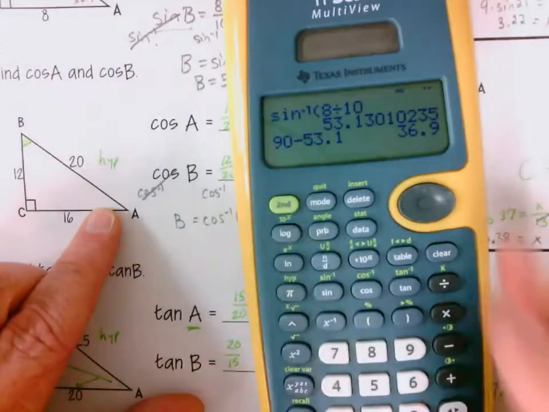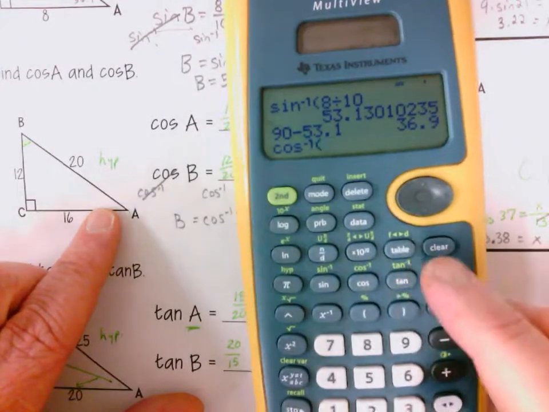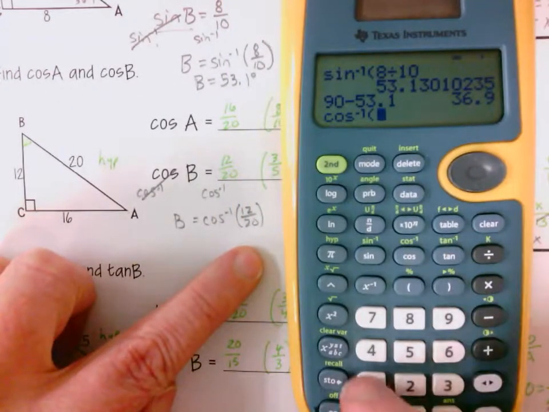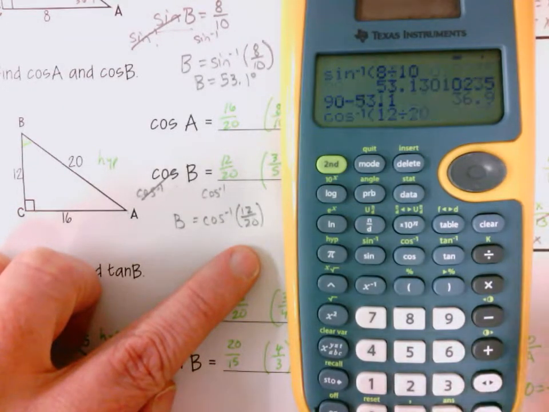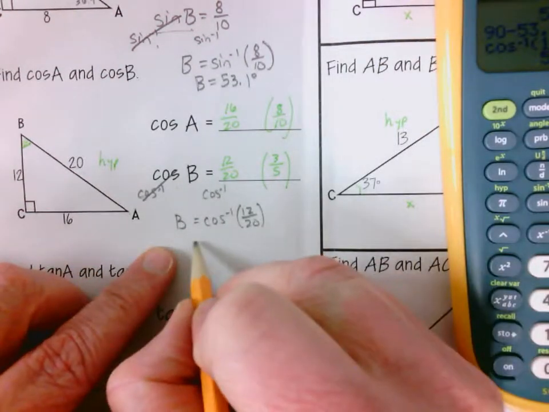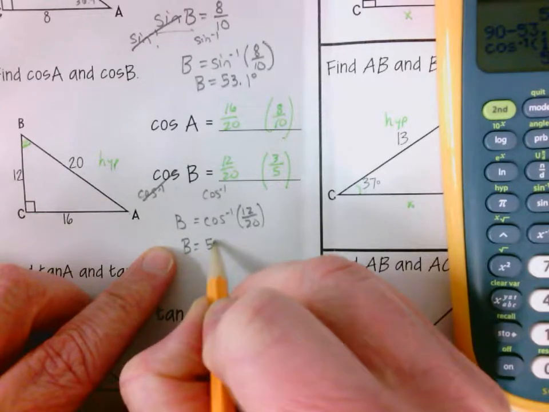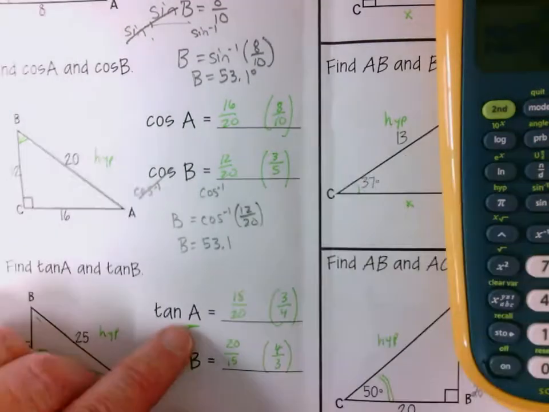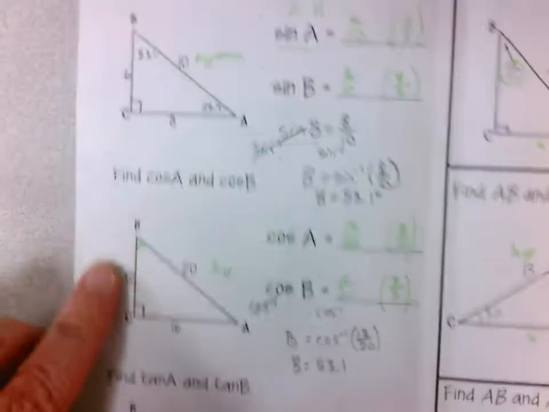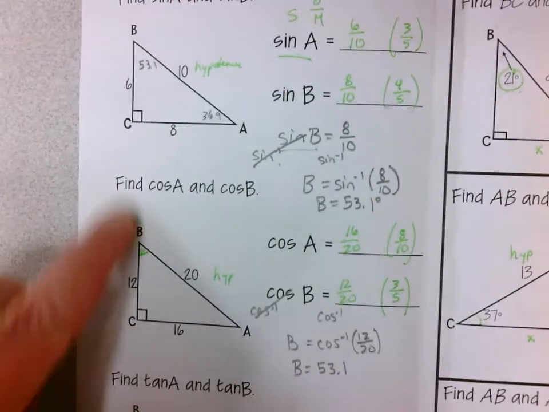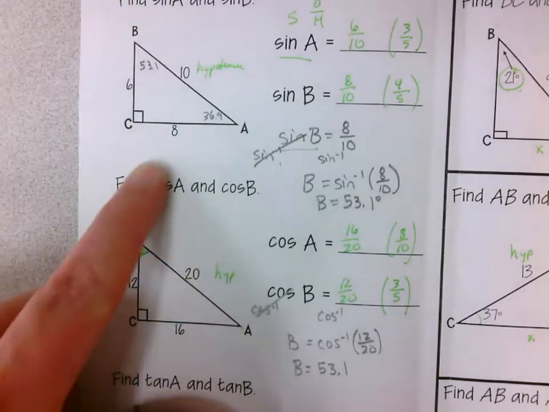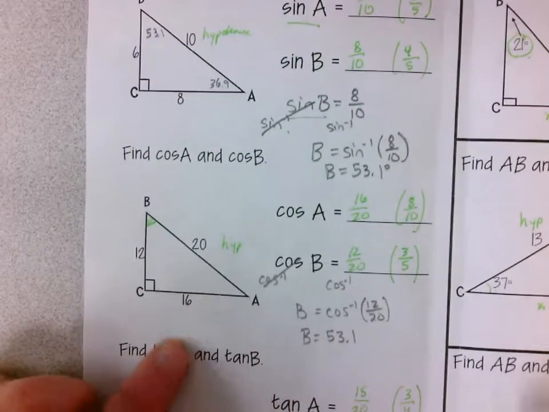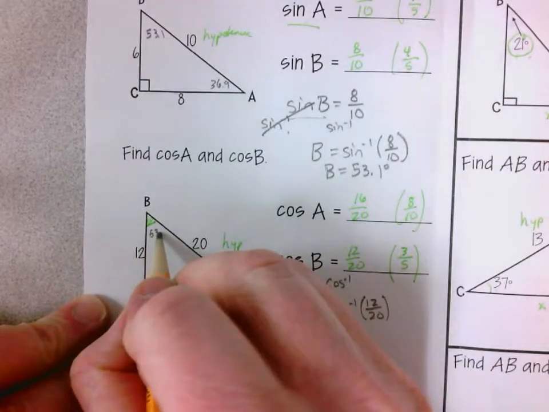Second cosine 12 divided by 20. Same ratio. If you notice, these triangles were similar, 6, 8, 10, 12, 16, 20. So we have the same ratio of sides. They're similar triangles, so we do get the same angle.